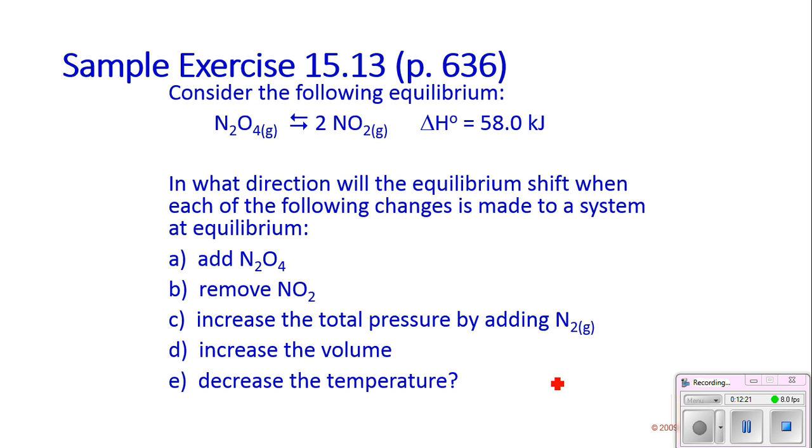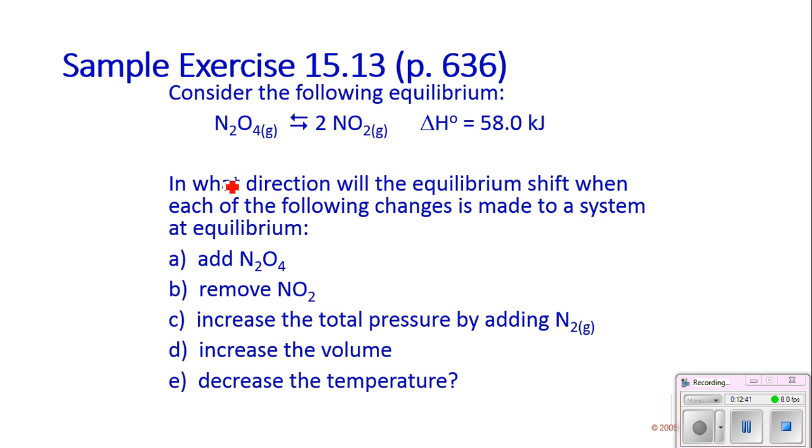What if we increase the total pressure by adding N2 gas? Is N2 gas part of our reaction? No, this is a totally different gas that's not part of this equilibrium. So it's not going to affect anything.